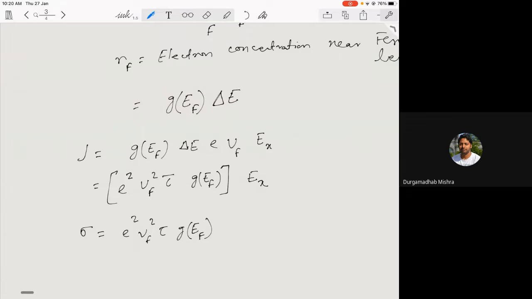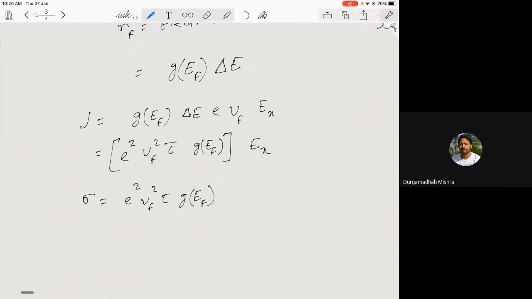Okay, so which is very different from your conductivity in the classical picture. So this is quantum conductivity.